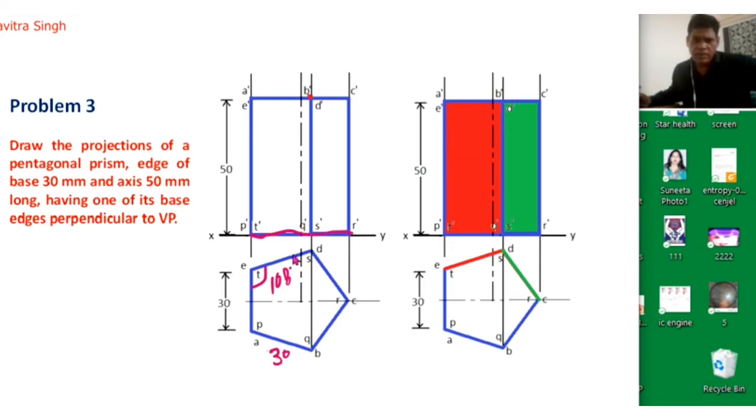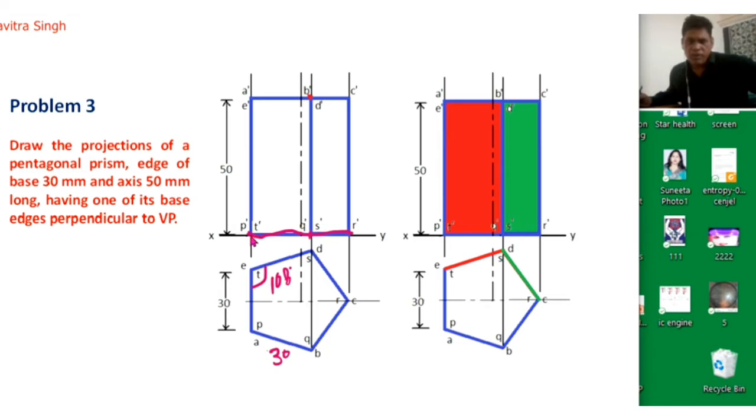Okay, and the numbering for the base is P, Q, R, S, T. So this will be actually point P projected vertically on this xy line. So this will be point P dash, and this will be Q dash, and from this point this will be R dash, this will be S dash, and this will be T dash.